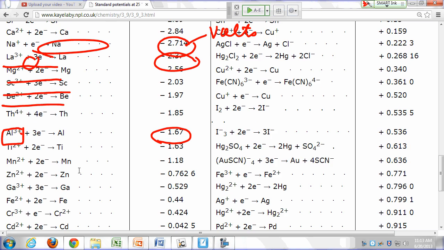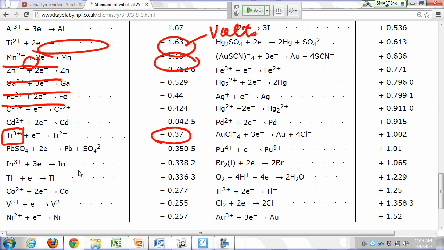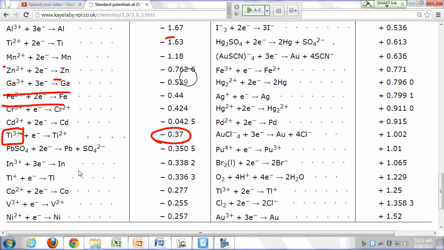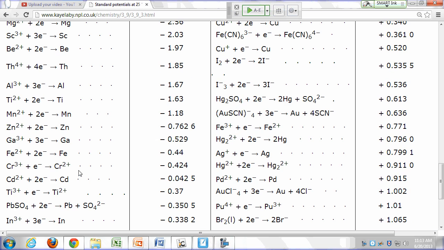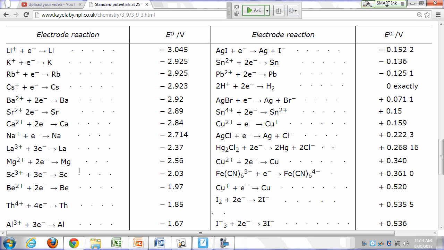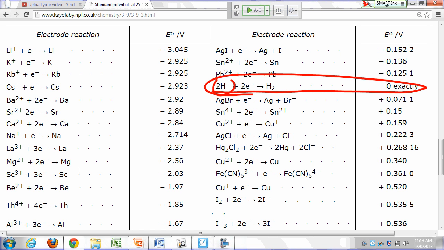And where is hydrogen? Should be 0 somewhere. These are listed from most negative to most positive, so 0 is somewhere in between, right here. By definition, this is exactly 0. So the standard reduction potential of H+ to H2 is 0 volts.